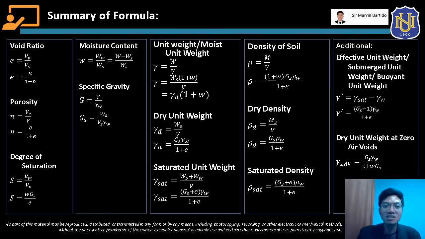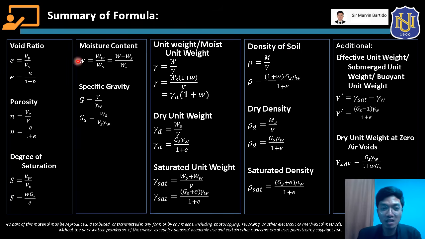Okay, so class, ito yung sa volume relationships natin. So importante na matandaan mo yang mga formulas na yan, especially yung relationship ng void ratio at porosity. Para hindi na natin kailangang i-memorize yung mga relationship na may involvement ng porosity, pwede na lang natin siyang i-convert into void ratio para ito yung mga gagamitin natin.